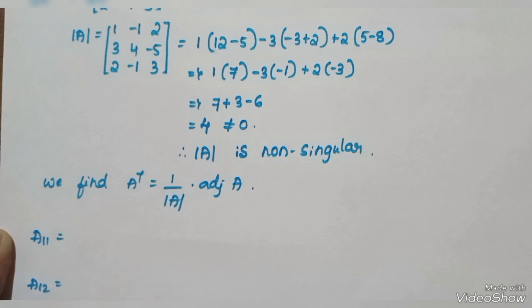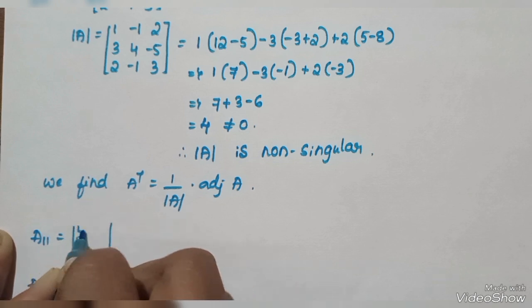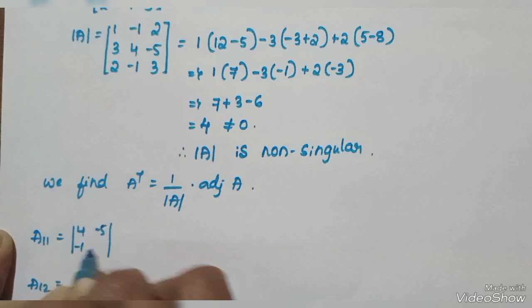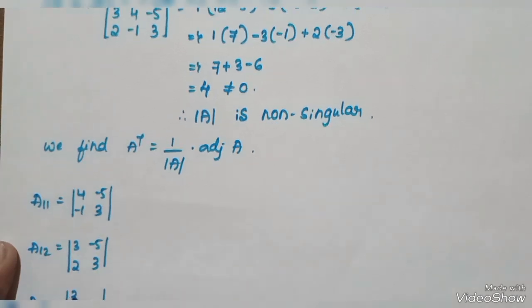I am considering the first row, that is the determinant values 4, minus 5, minus 1, 3. Then the second one 3, minus 5, 2, 3. Then the third one 3, 4, 2, minus 1.